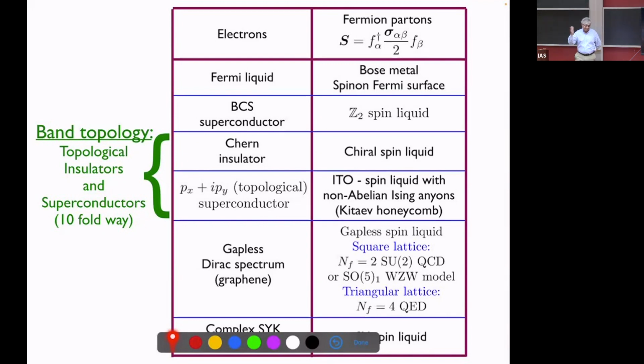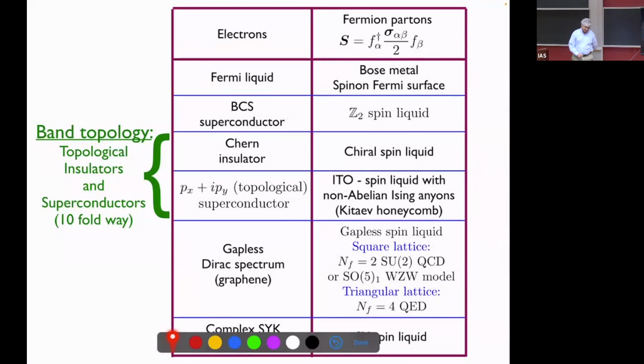Anyway, that's also the focus of a lot of experimental work. So that's another somewhat confusing connection between this left column and the right column. The easiest way to think about it, I think, is to consider the electromagnetic charge symmetry of the electrons to be just a global symmetry. Then these are topological superconductors in the sense of band topology.